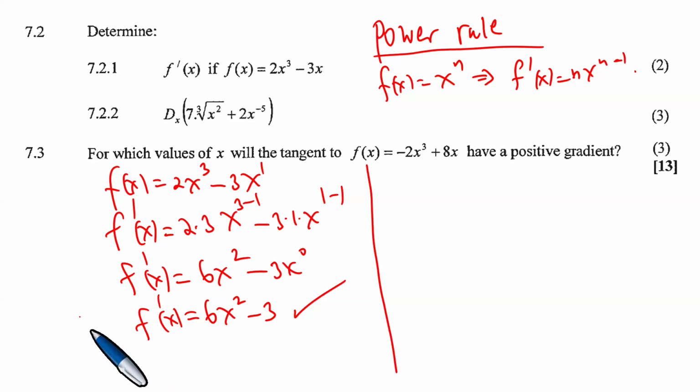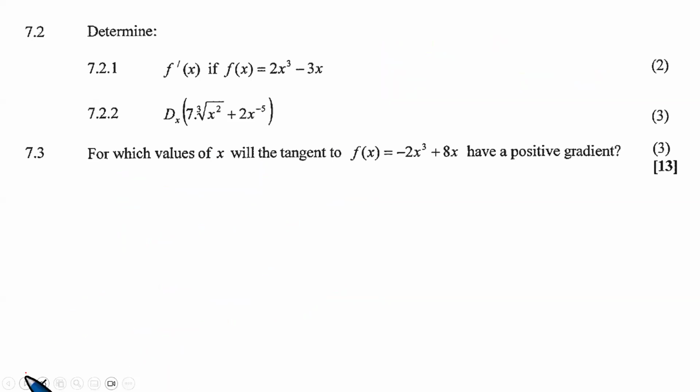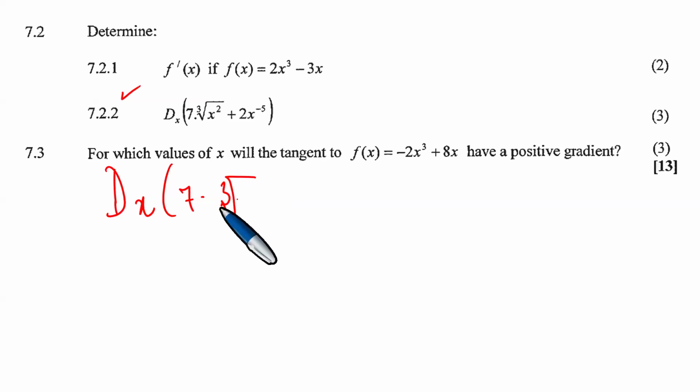Next question. In the next question, we're looking at 7.2.2. In 7.2.2, we're looking at the capital D x notation. Capital Dx of the cube root of x squared plus 2x to the minus 5.